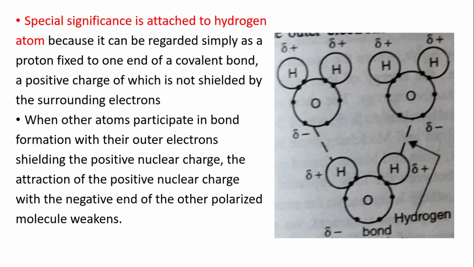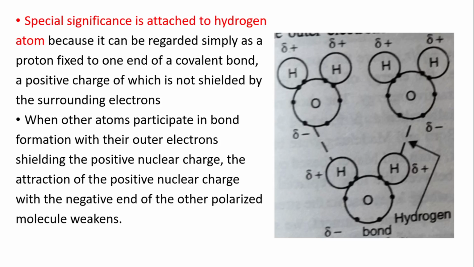When another electronegative atom comes near the hydrogen atom, the pair of electrons gets totally attracted towards the electronegative atom, and the hydrogen side is now without a shield of the electron.